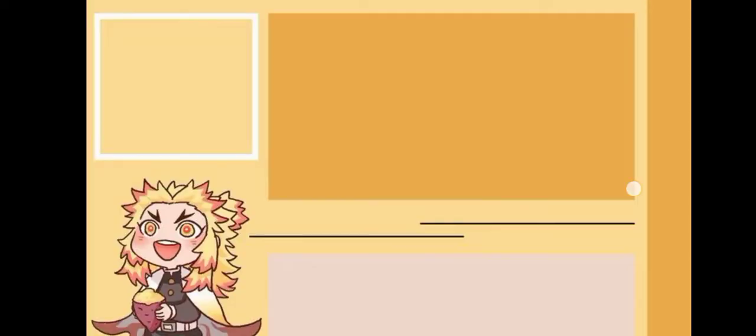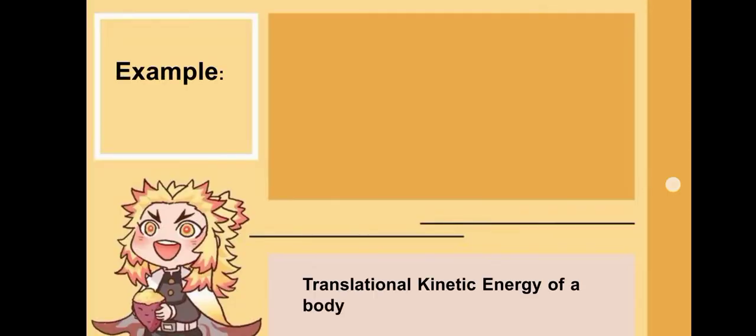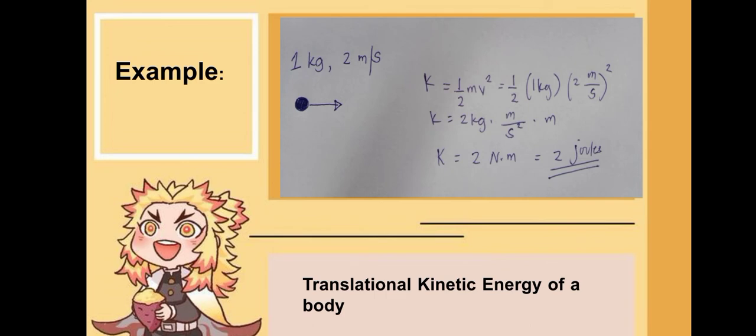So I have a simple example here for translational kinetic energy of a body, wherein, as you can see, our ball has only linear motion. Given here, we have 1 kilogram and 2 meters per second. Substituting in the formula, we come up with a kinetic energy equivalent to 2 joules.